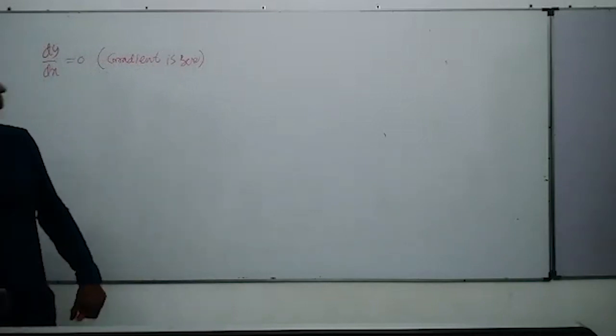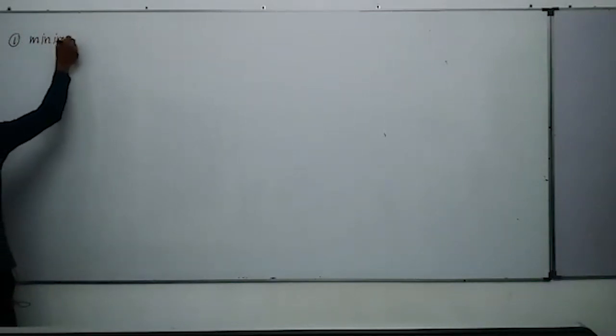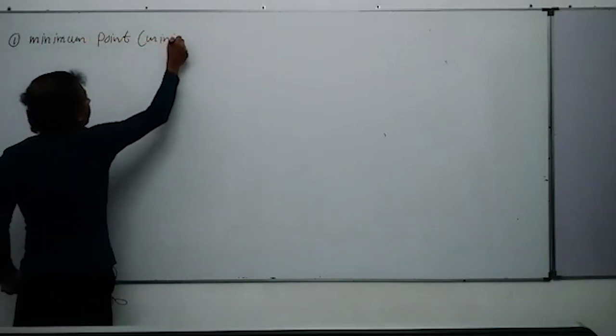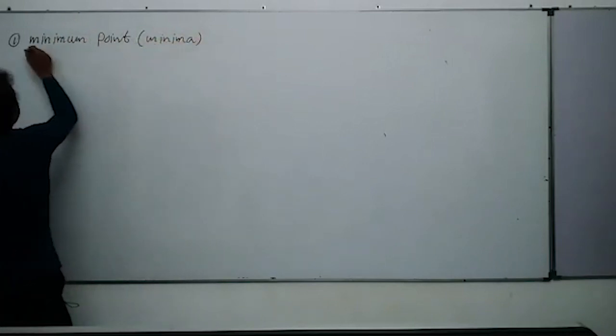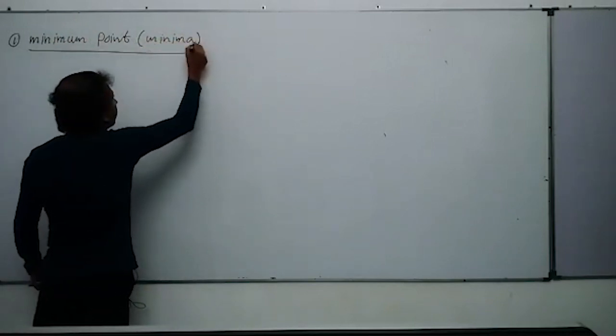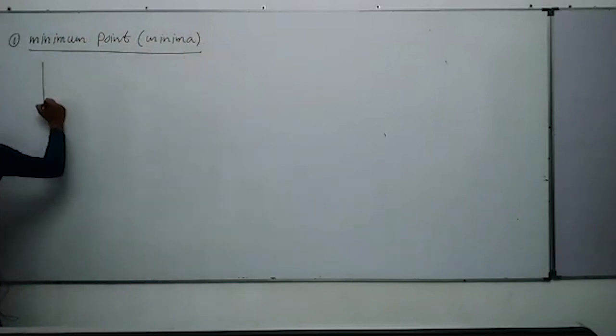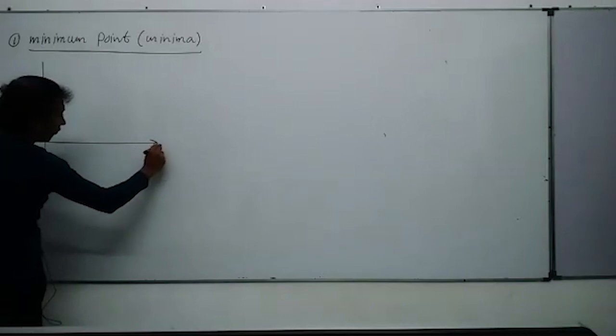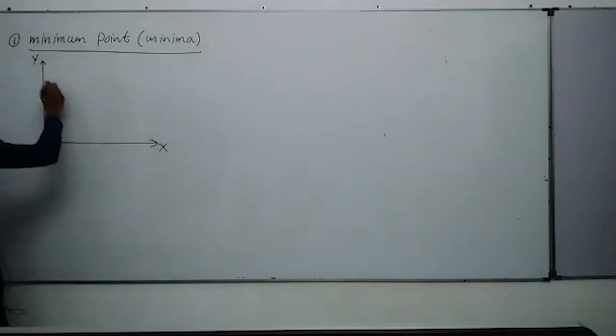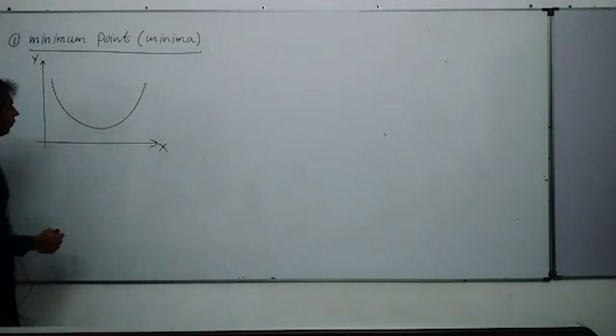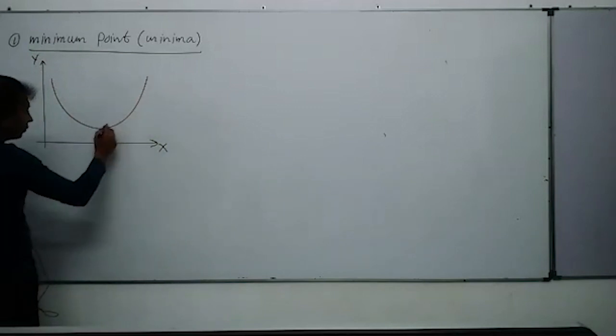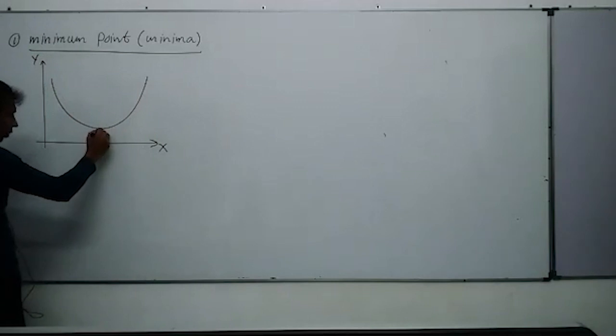Right. First one, write down: minimum point or minima. Simply we call it minima, like this. Right. We'll draw like this, people. Suppose this point corresponds to x equals a.